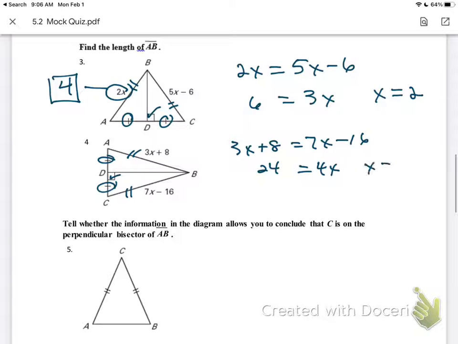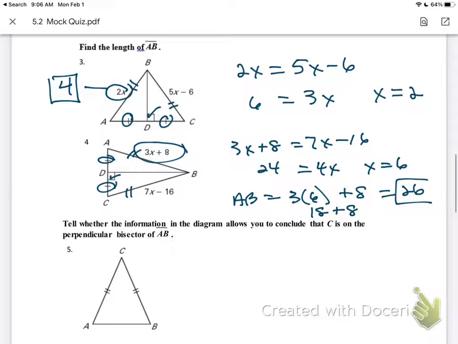So x is going to equal 6, but they want AB, which is this. So AB is going to be 3 times 6 plus another 8. So that's 18 plus 8, which is 26. So 26 is my answer here.